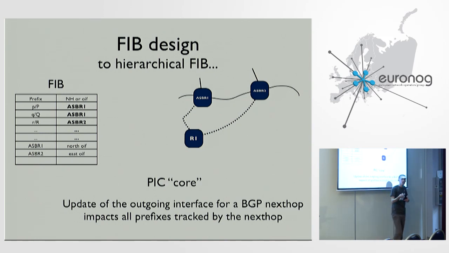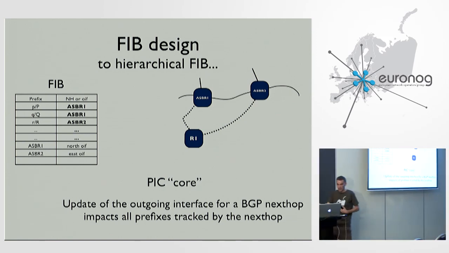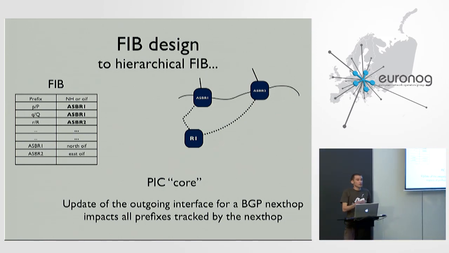Which means that when the IGP converges and subsequently the forwarding information base is updated for that next hop, all the prefixes that are tracked by the given next hop, whose outgoing interface information has been updated, are converged, right? Classic. This provides PIC core. So this provides the fact that, independent of the number of prefixes that you reach via a given next hop, upon IGP convergence, you get the recovery of the traffic being tracked by these prefixes.